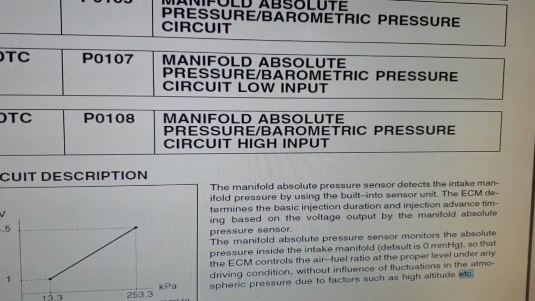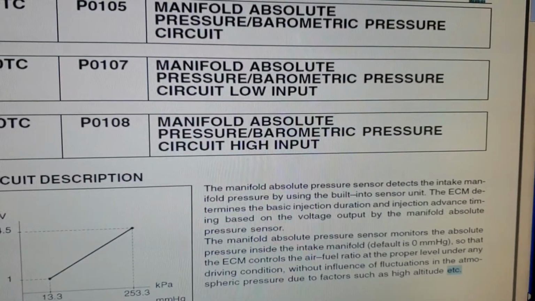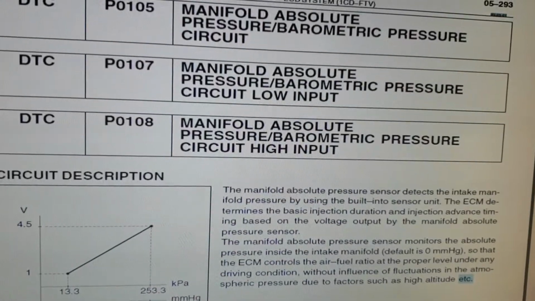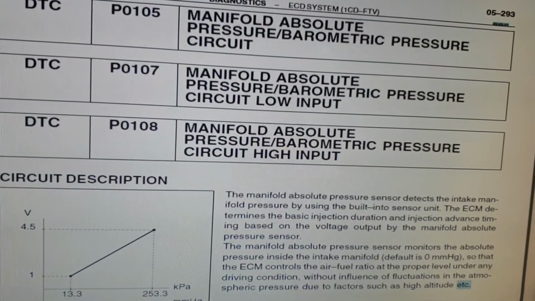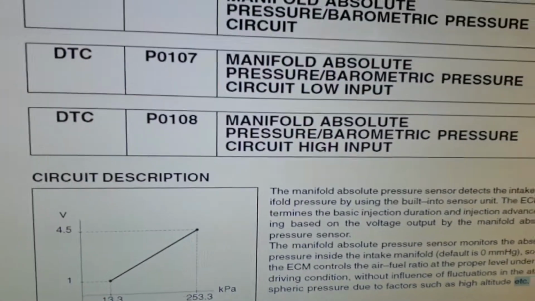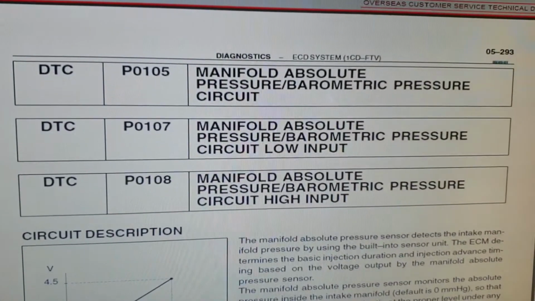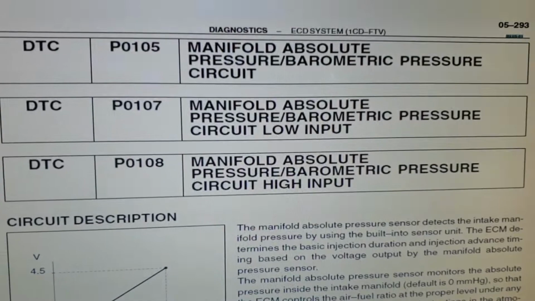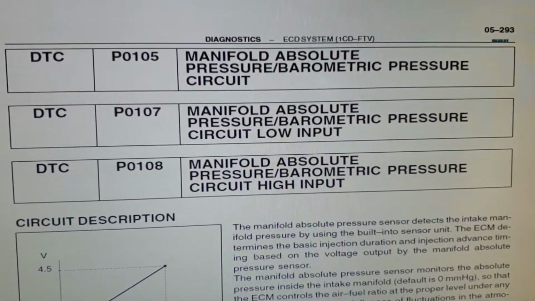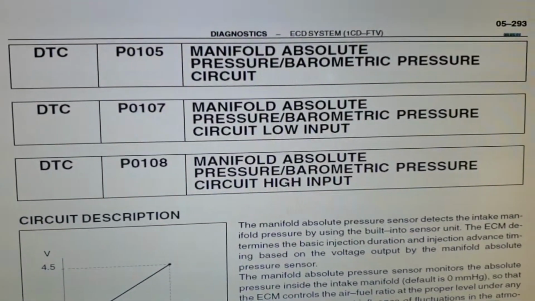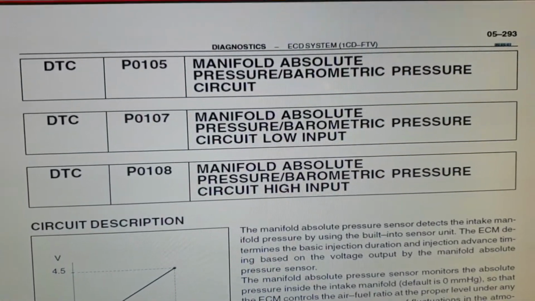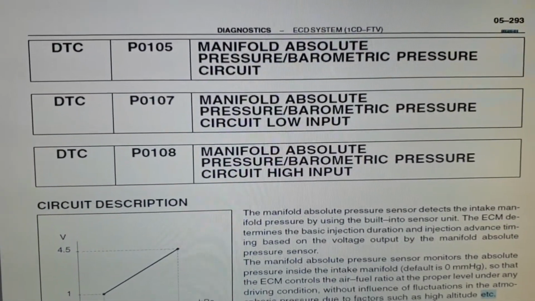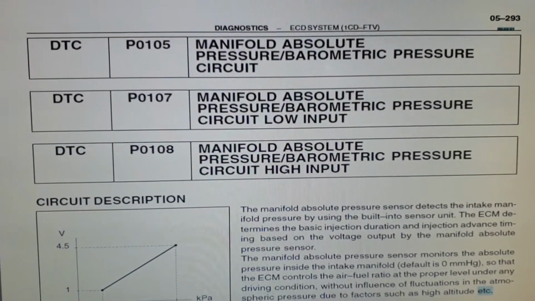Low input means that the manifold absolute pressure sensor senses low pressure, and that's the reason the output is low, or the sensing tube is blocked.